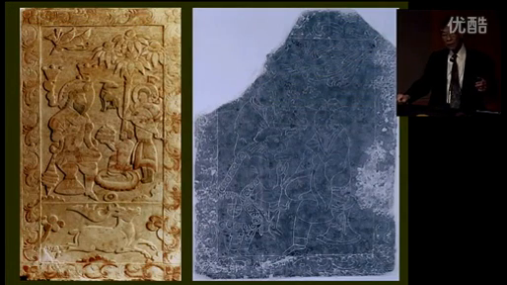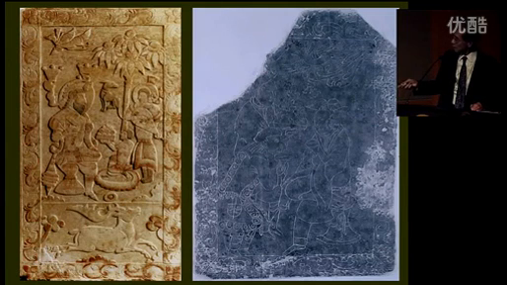Now, we have to go back to our earlier exhibition in 2004, where we traced the origins of the art of the Tang Dynasty. In the 6th century, we had 2 stone slabs of exactly the same subject.